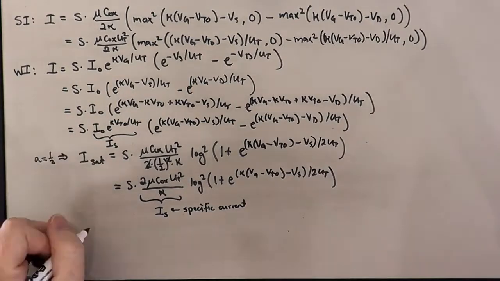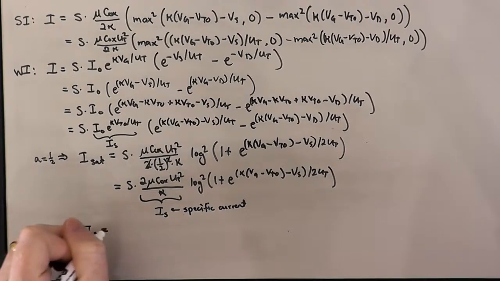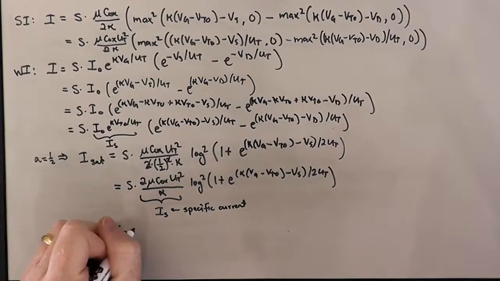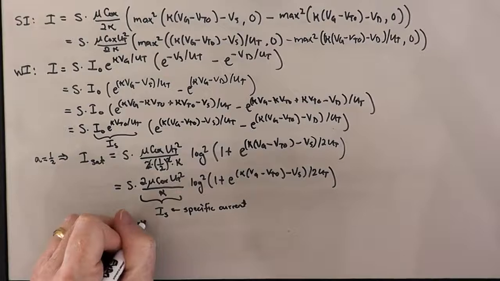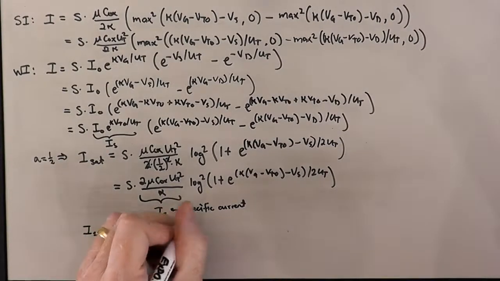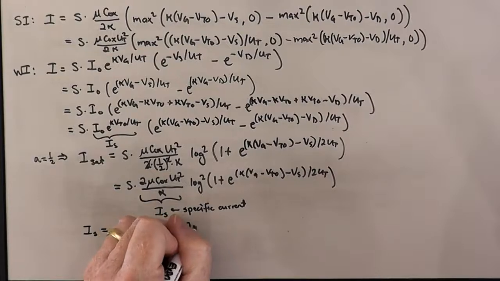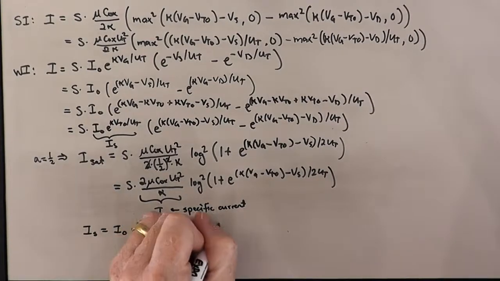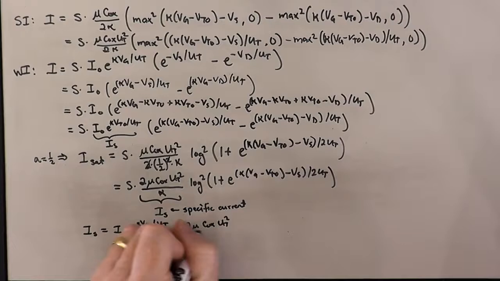So we have the specific current Is being equal to I0 e to the kappa Vt0 over Ut, and it's also equal to 2 mu Cox Ut squared over kappa.